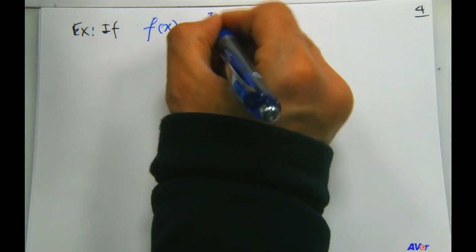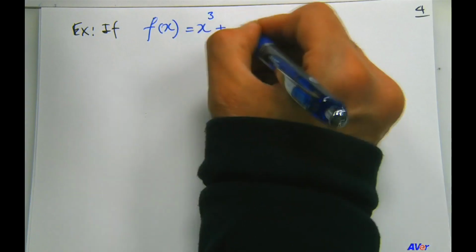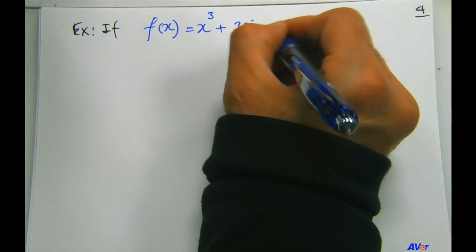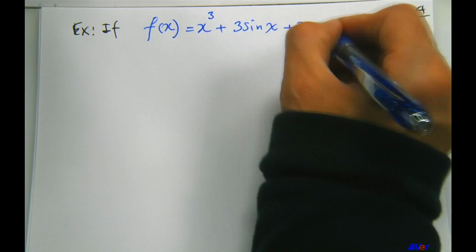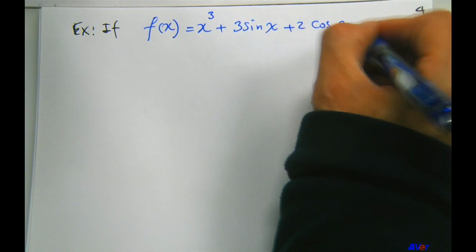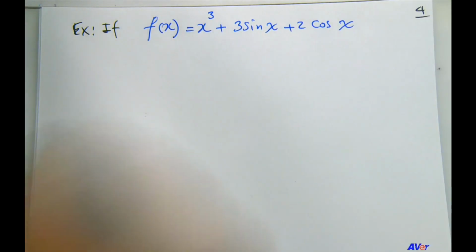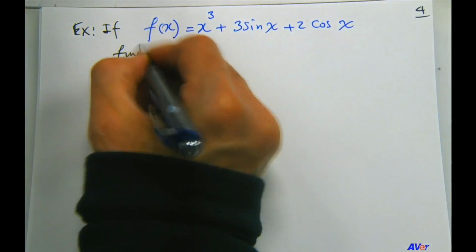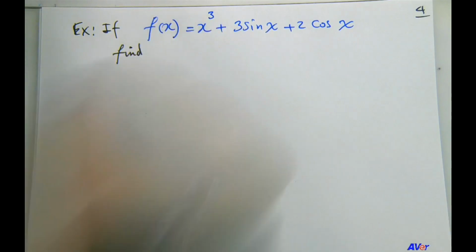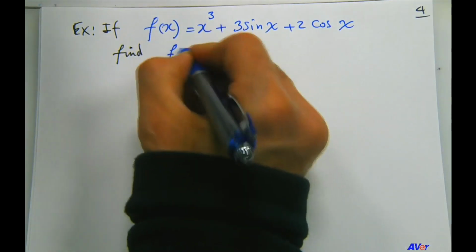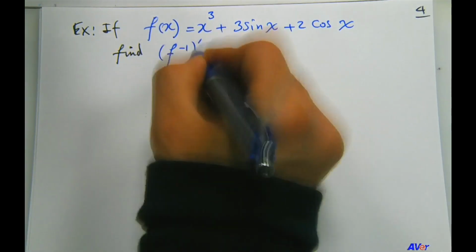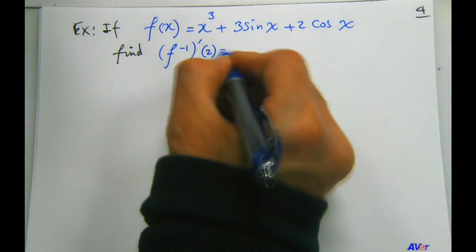Suppose we have a function f of x equal to x cubed plus 3 sine of x plus 2 cosine of x. We want to find the derivative of the inverse function evaluated at 2.